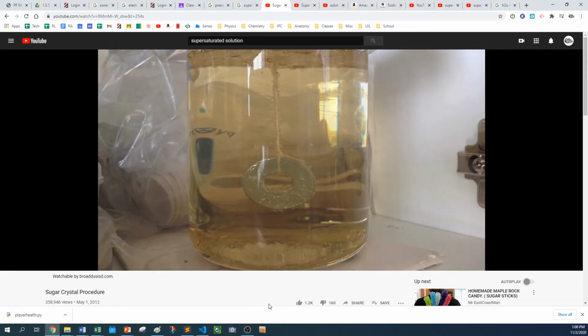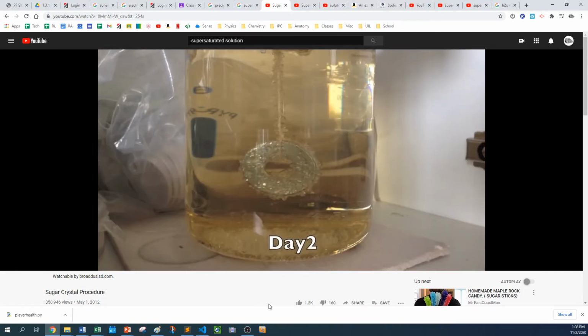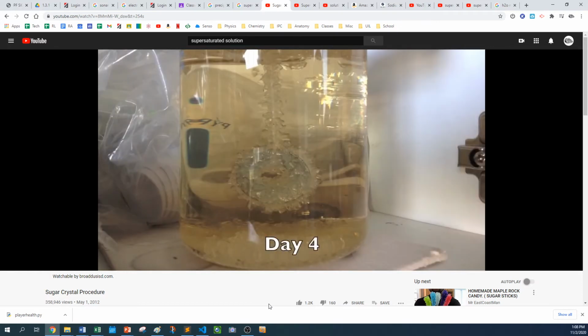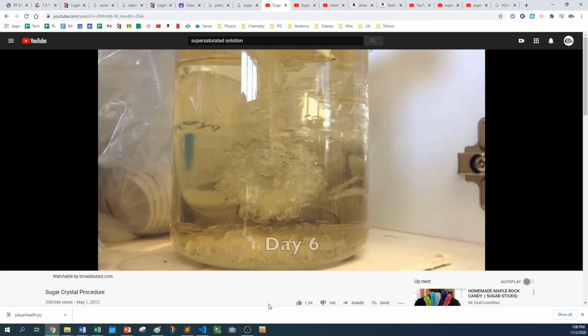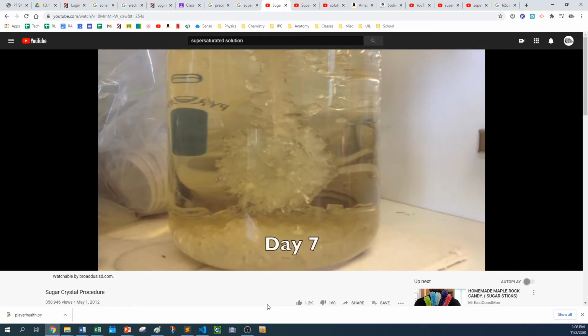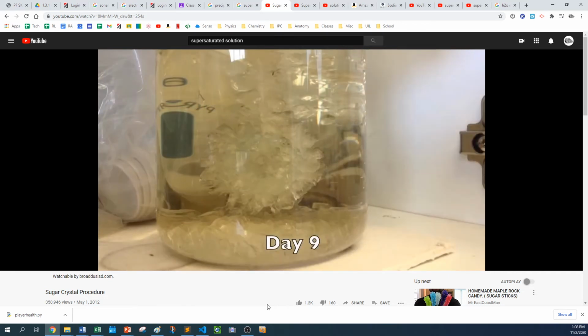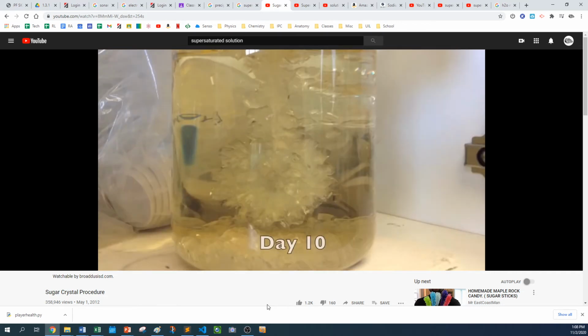You can see also on the bottom, there's probably scratches where it's able to attach, and you start seeing the sugar coming out of solution. That's how you can make rock candy.